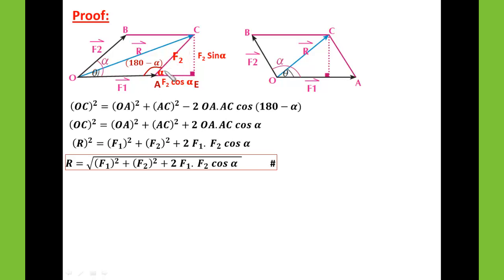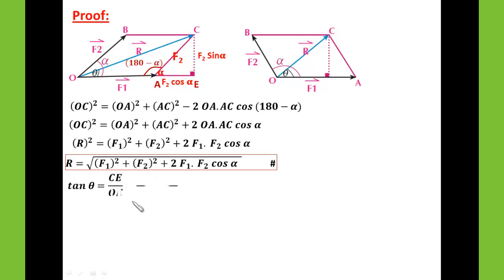And this angle equals alpha, and AC is opposite to the angle of measure alpha here. So AC equals the hypotenuse of the triangle AEC, and EC has length F2 multiplied by sine alpha. Also AE equals the hypotenuse of this triangle, F2, times cosine alpha.